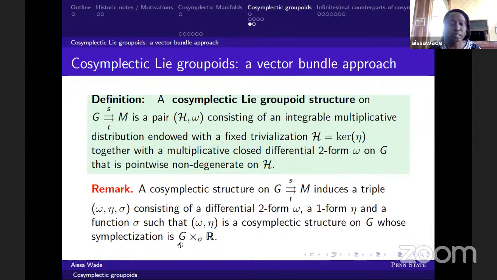And if I look at G, this is just the action groupoid that we get from the natural action we get from H. So this action groupoid will be a symplectic manifold, a symplectic Lie groupoid, and this will be the symplectization of my cosymplectic Lie groupoid.